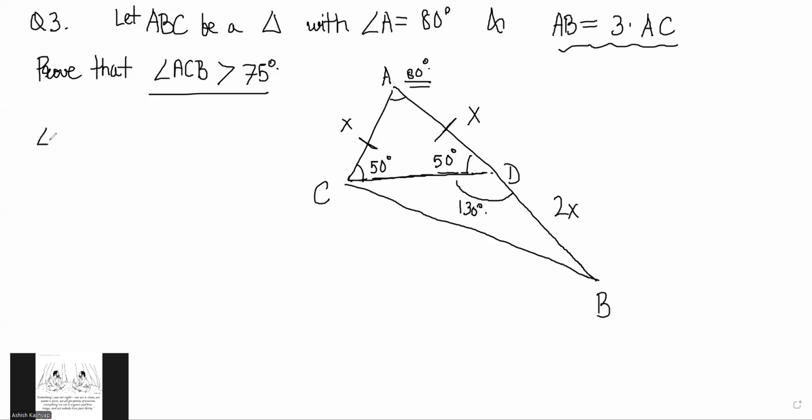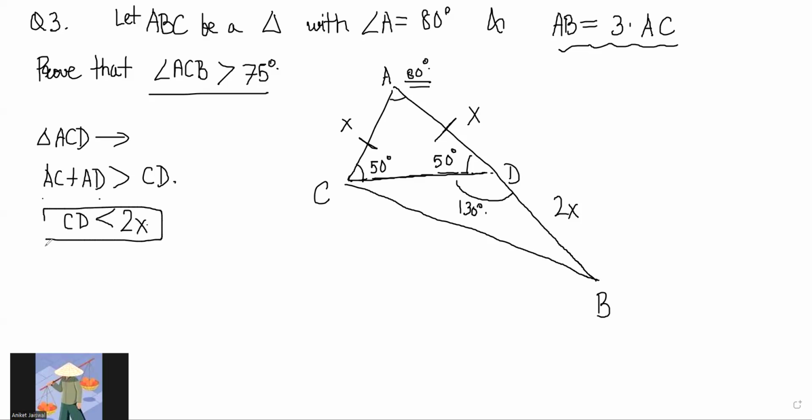We know in triangle ACD by triangle inequality, we know that AC plus AD will be bigger than CD, right? And AC and AD are both same by construction. So we know CD is less than 2x. And we know that BD is equal to 2x, right?